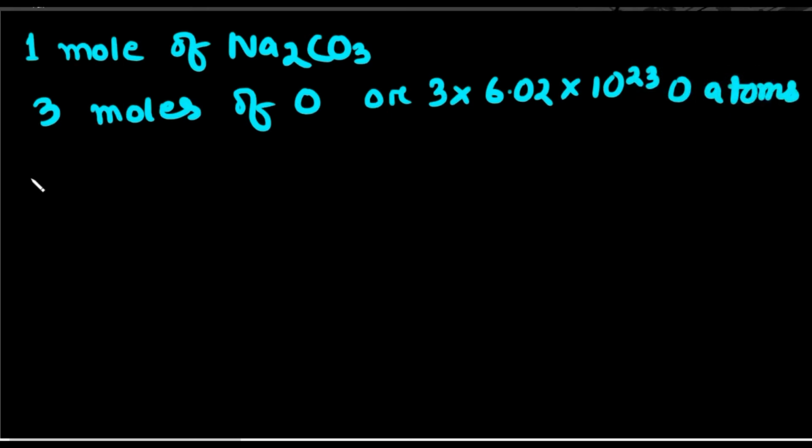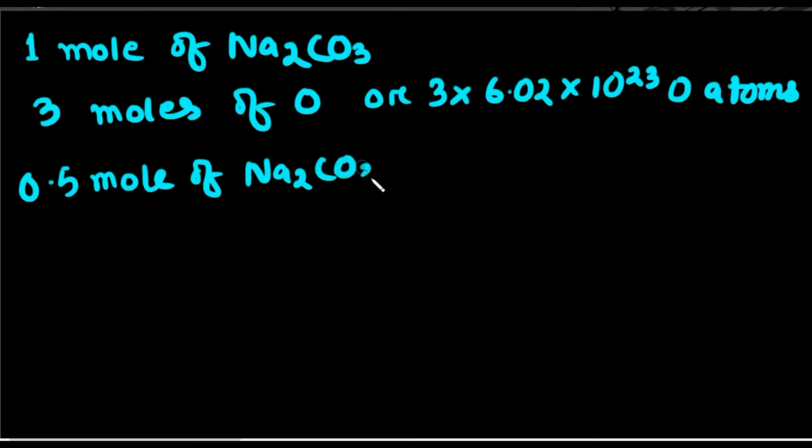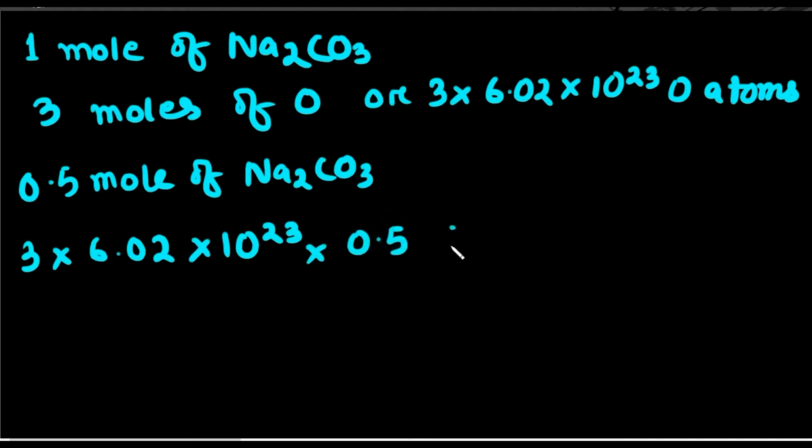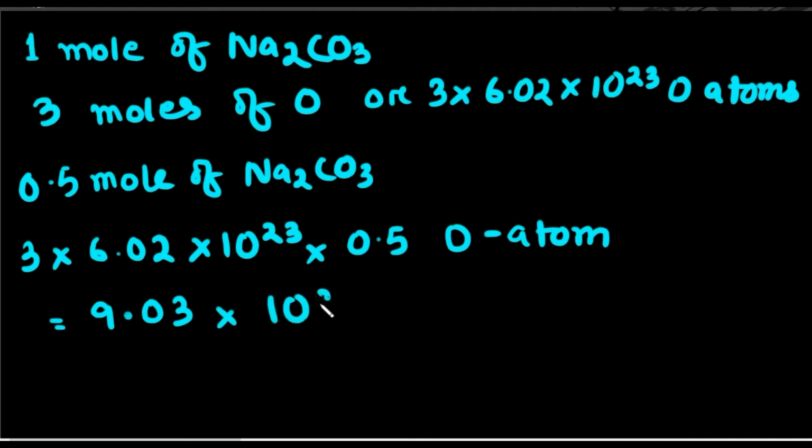Therefore 0.5 mole of sodium carbonate will contain 3 into 6.02 into 10 to the power 23 into 0.5 oxygen atoms, which is equal to 9.03 into 10 to the power 23 oxygen atoms.